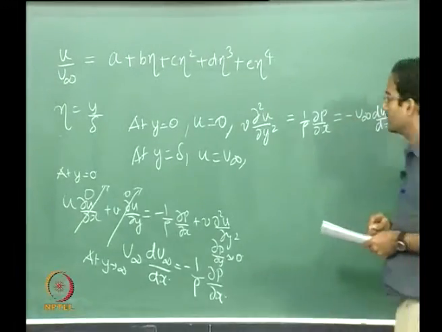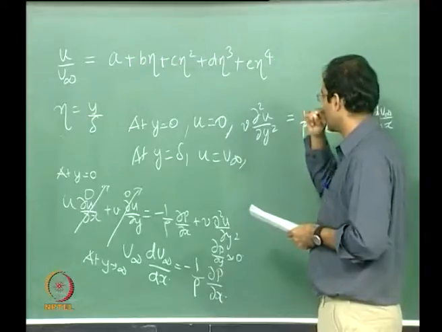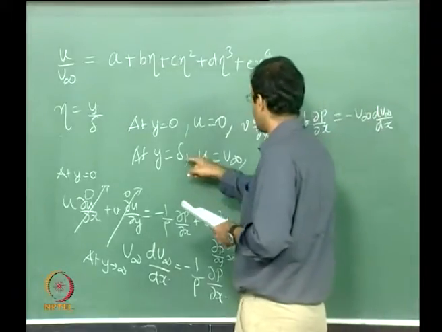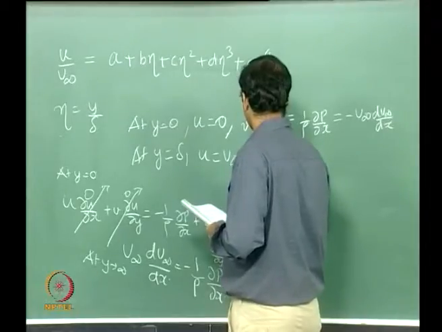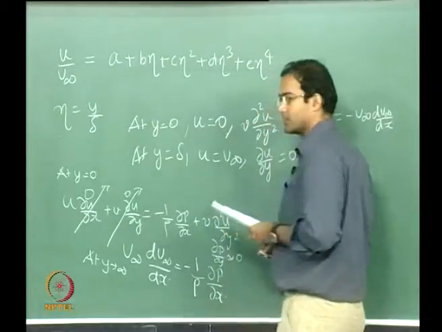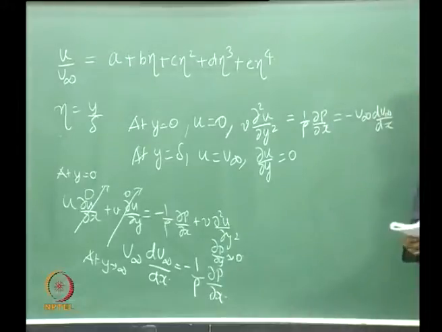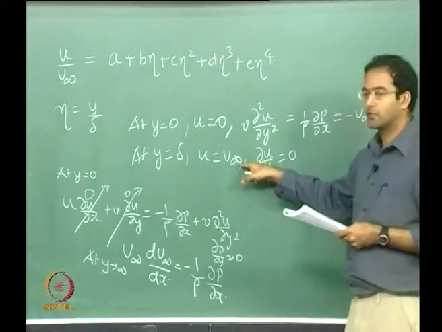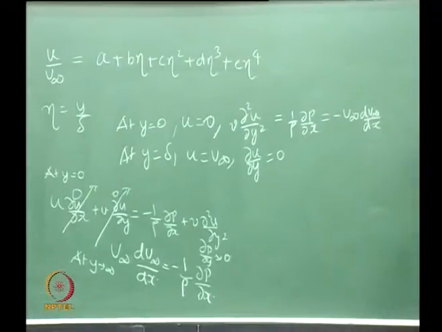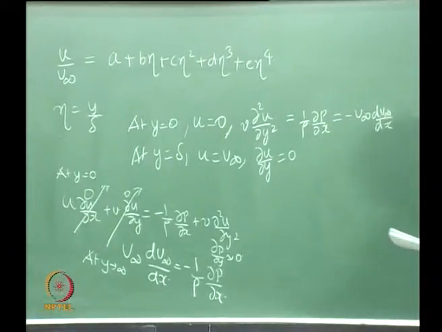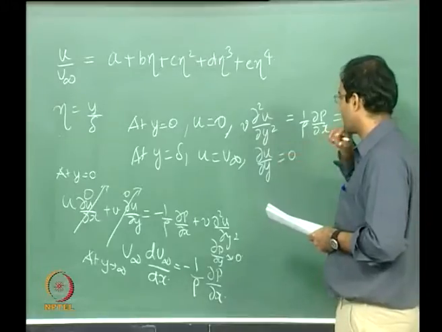Now we have 3, so we need 2 more. So now at y equal to delta, what is the other boundary condition? This has to be anyway 0 because the profile velocity equals u infinity and there is no friction there, so outside the boundary layer, it has to satisfy the 0 gradient condition, okay.